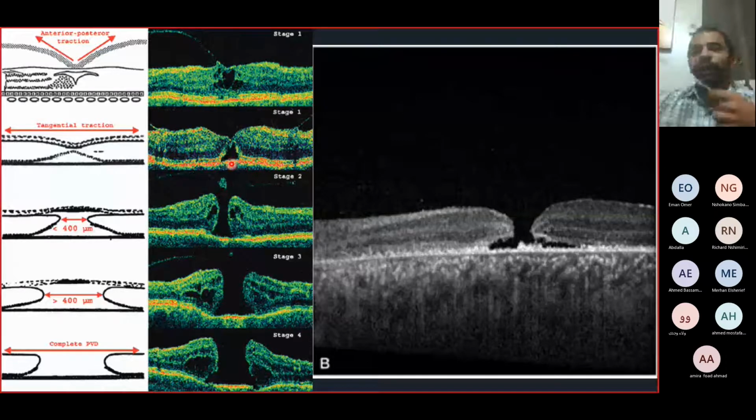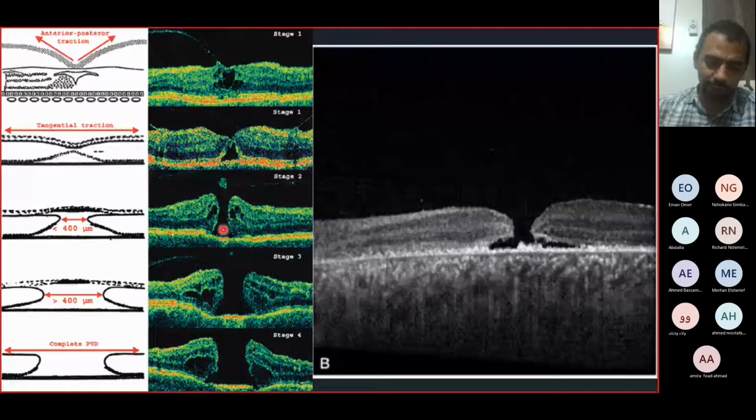So if it's still not a full thickness macular hole, it's stage 1. But if it progressed to a full thickness macular hole, it's stage 2 or more.